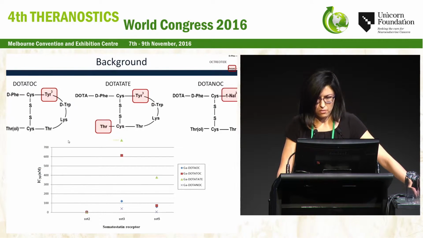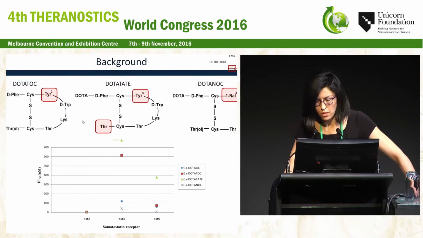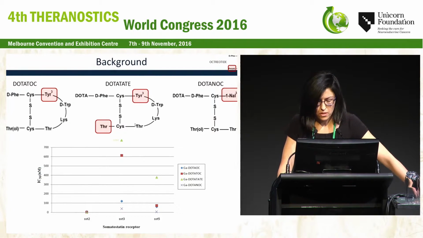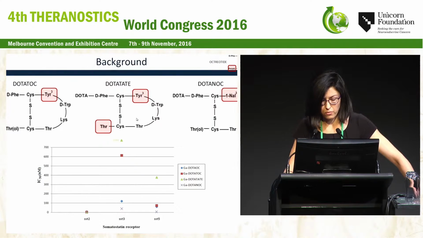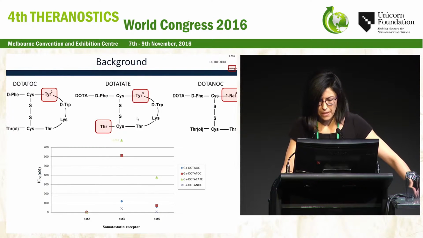Contrary to that, the replacement of the same phenylalanine in position 3 by a more lipophilic amino acid residue, naphthylalanine, leads to increased affinity for 3 subtypes, SST2, 3, and 5.